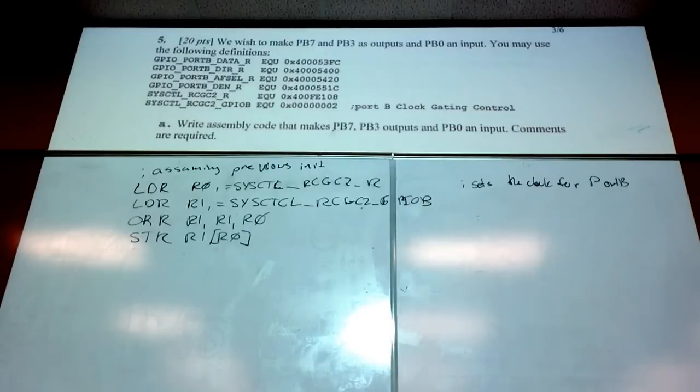Isn't the SYSCTL_GPIOB like a mask to initialize port B? Yeah, you remember the system control register looks something like this, where you have your 8 bits, like port A, port B, and so on. If I only want to set port B, I just enable that to 1, and the rest would just be zeros anyway. That's what I was assuming.